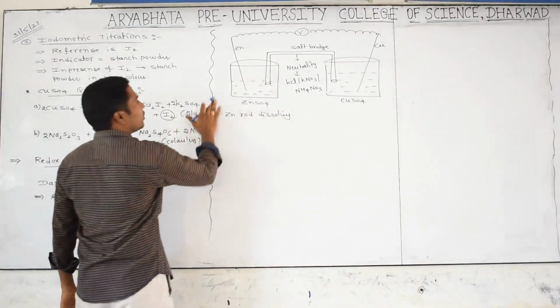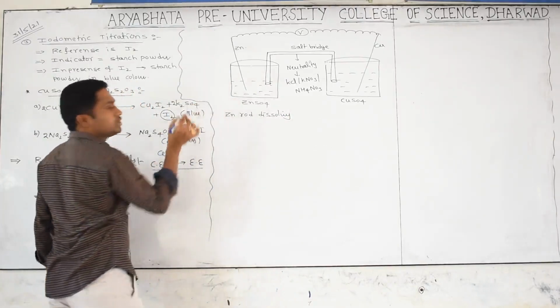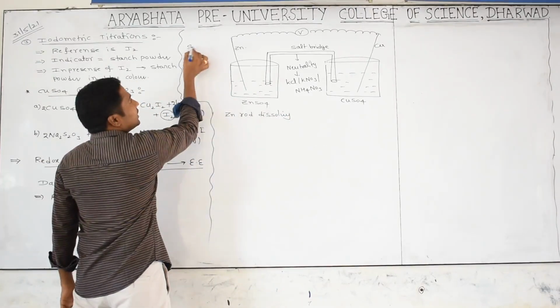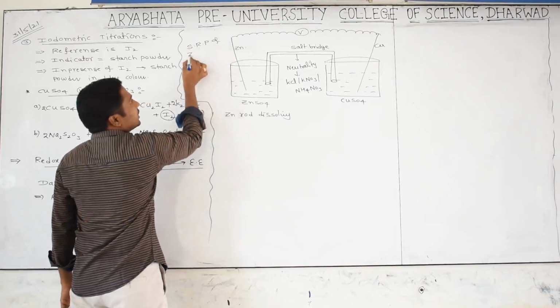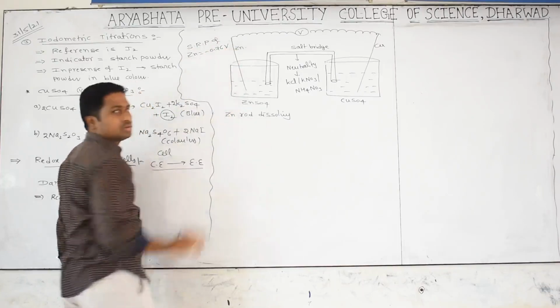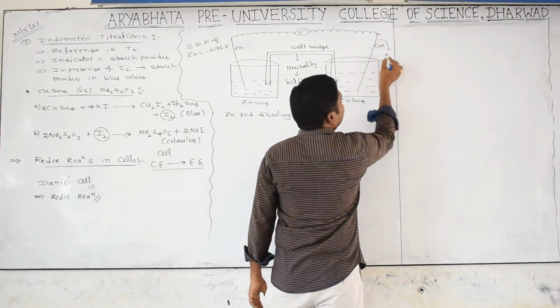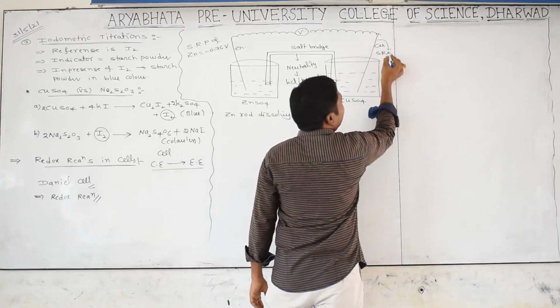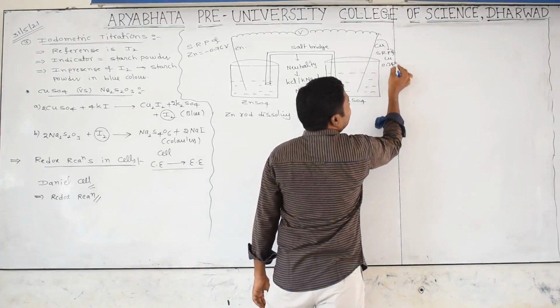Why is the zinc rod dissolving? I will tell you some important information. The standard reduction potential of zinc is minus 0.76 volts, and the standard reduction potential of copper is plus 0.34 volts.